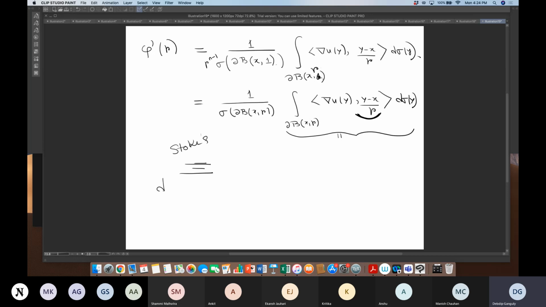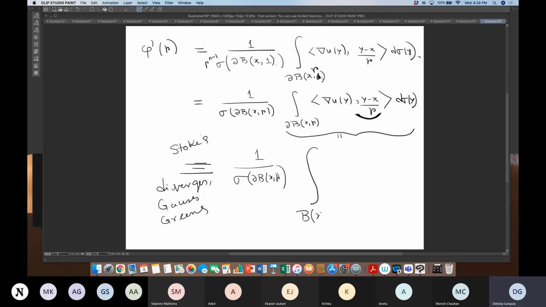Stokes theorem, divergence theorem, whatever it is called, Gauss theorem, Gauss divergence, Green's theorem. There are many names, or it is actually integration by parts. I will write it down. This is equal to the integration over the ball. This is a unit normal of the ball, this is a gradient.